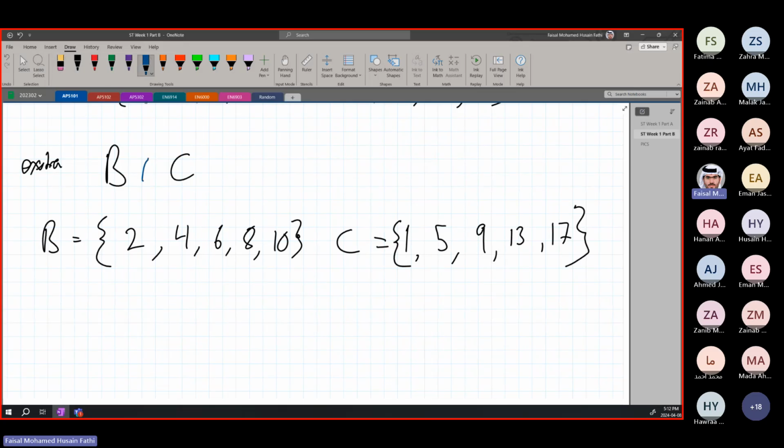So intersection, all right? We need to find the common. Get our highlighter. Is 2 available here? No. Is 4 available here? No. Is 6 available here? No. Is 8 available here? No. Is 10 available? No. There is not a single number that is the same in each element.